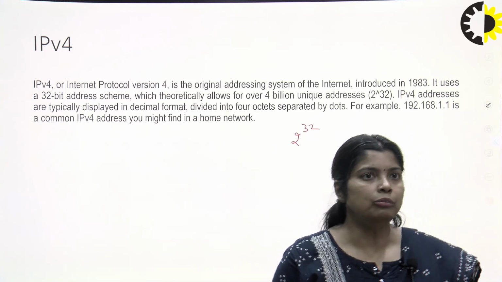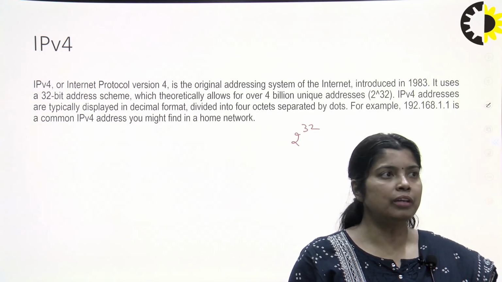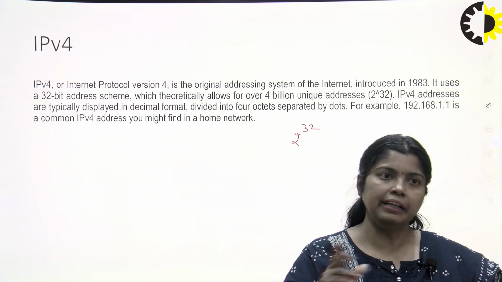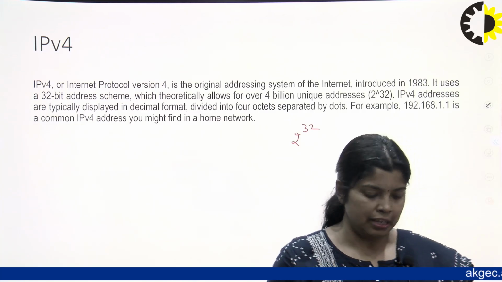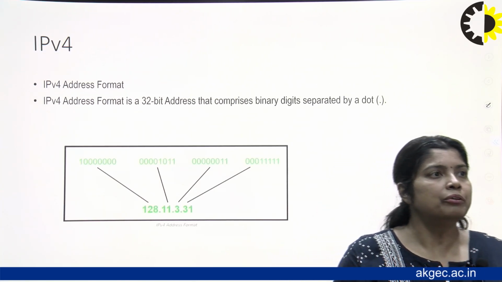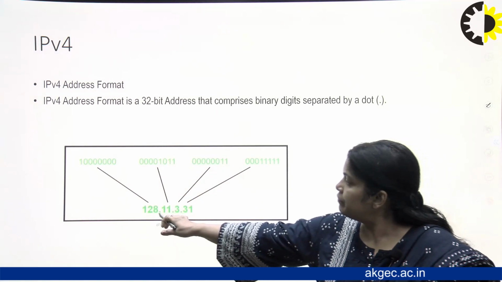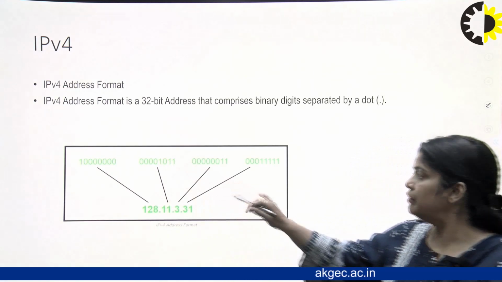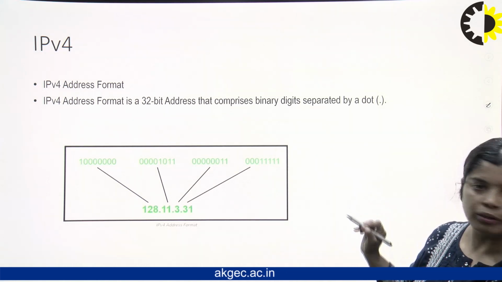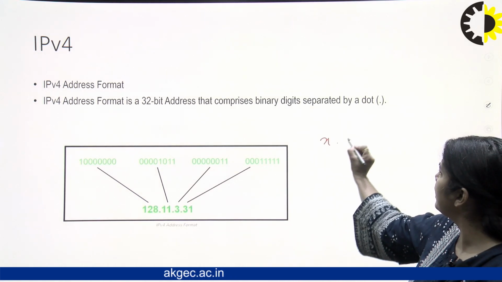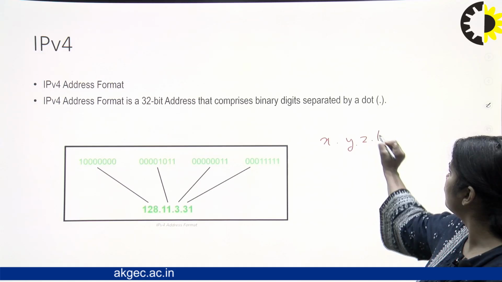when we are using these 2 to the power 32 users. Now the IP version 4 addresses are displayed in two types: decimal notation or binary notation. Whenever we are using the decimal notation, there are always 4 octets. These 4 octets, you can say, x dot y dot z dot t.